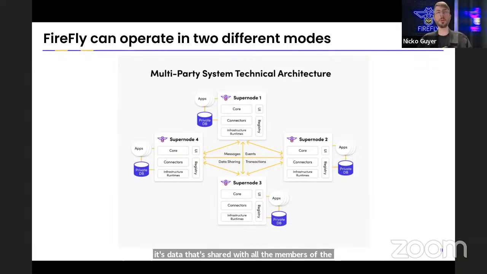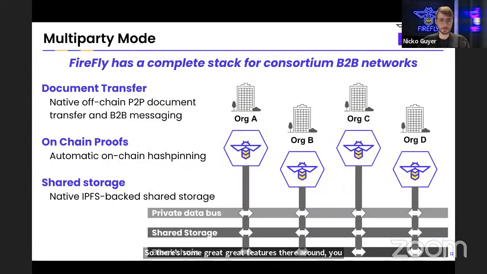So maybe you wouldn't want to share the personal contact information for your client with everyone in the network, but maybe the other organization that you're working with needs to know it, so they know they can match. Yes, this is the person that we're talking about, and we've both agreed that we're both talking about the same person. So there's some great features there around what's public within the network, what's private within the network, and that sort of thing.